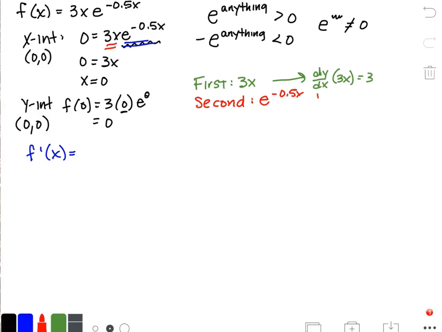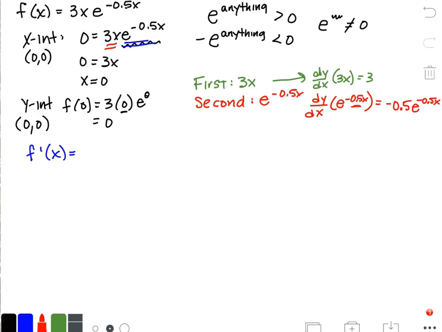And if we do the same thing with the e, the derivative of e to the negative 0.5x is, now the rule for derivatives of e's is the first thing I write down is the derivative of the exponent. So the derivative of my exponent is negative 0.5, and then you just repeat the e.